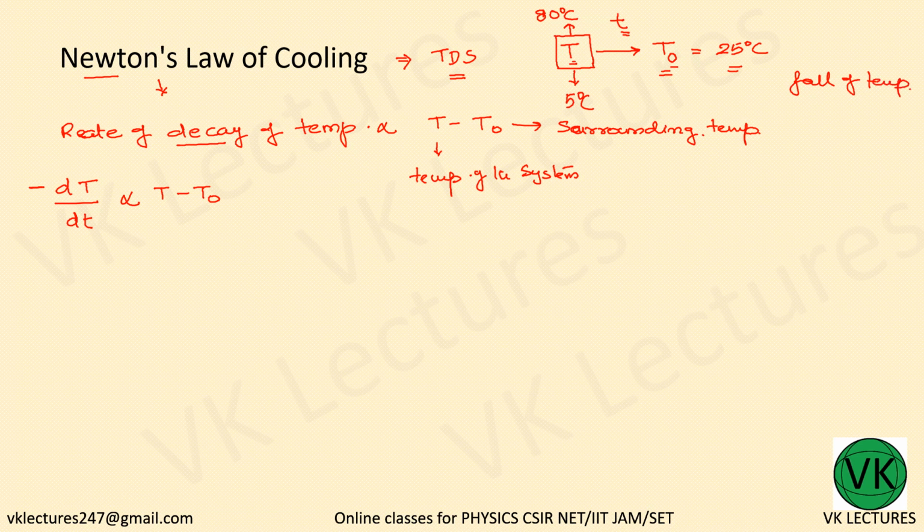Now, this minus dT by dt is equal to some constant k into T minus T naught. Now what you have to do: bring this T minus T naught to the denominator, dT divided by T minus T naught, equal to minus k dt.